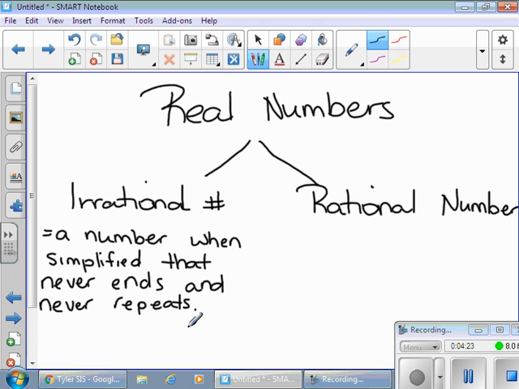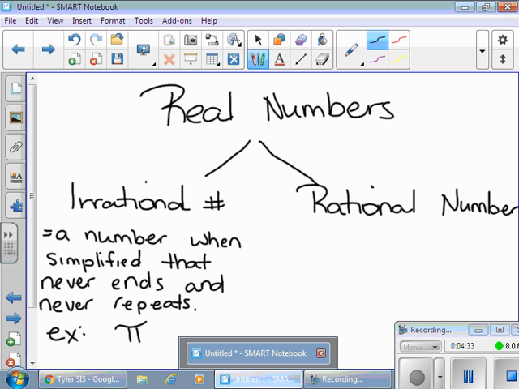An example of an irrational number is one that we typically round, and it's pi, which is 3.14. When we talk about circles, you'll hear that word pi, and it's that funny looking little shape there. That's an irrational number.